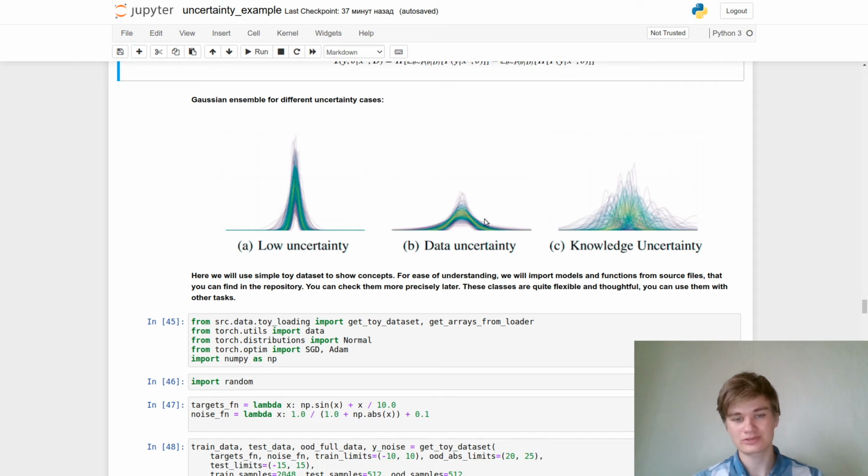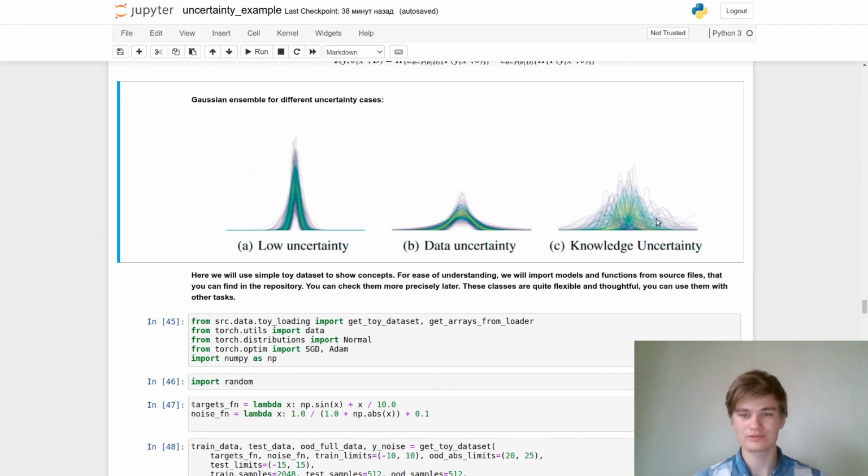With high data uncertainty all models in our ensemble will predict nearly the same mean but high variance. And with knowledge uncertainty we will have some kind of random behavior. We will have different means and different variances, more or less uniformly distributed over some region.